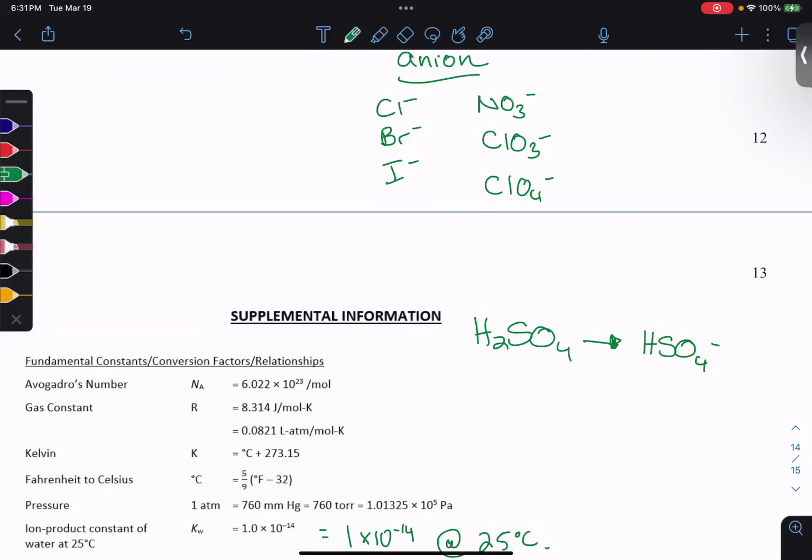Is HSO4 minus a strong acid? No, it's not, because only the first proton is strong. The second proton is weak, so this has a Ka value. If HSO4 minus is a weak acid, that makes SO4 2 minus a what? Base. So sulfate is actually a weak base, slightly basic.